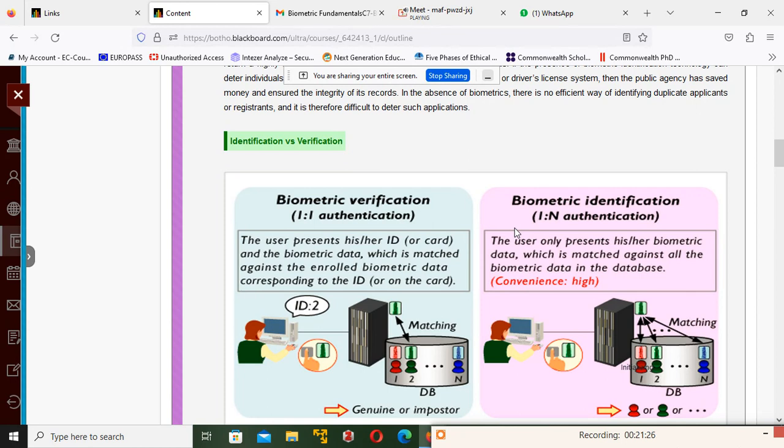If there is a fingerprint database, and other data associated with it, like your Senate card or your driving license, and then there is a biometric system, immediately the fingerprint is scanned, or if it is DNA, it is scanned and input into the system, the system is able to resolve that it is this particular person.